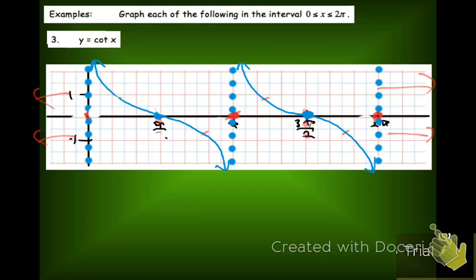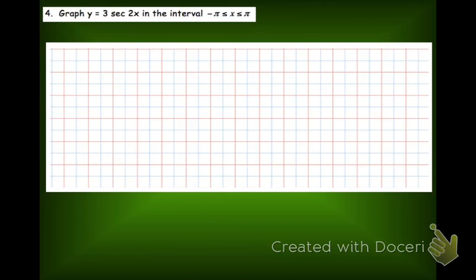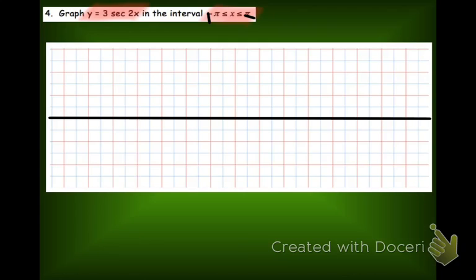The final graph here is adding some more stuff in now. So this is asking you to graph y equals 3 secant of 2x going from negative pi to positive pi. So I'm going to draw my axes in there. And this time we're going from negative pi to positive pi.